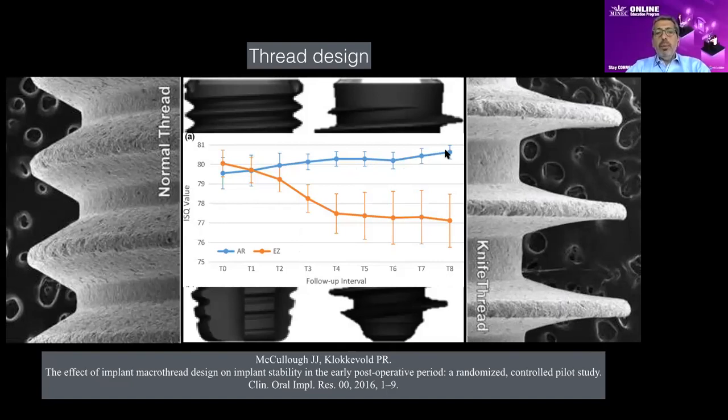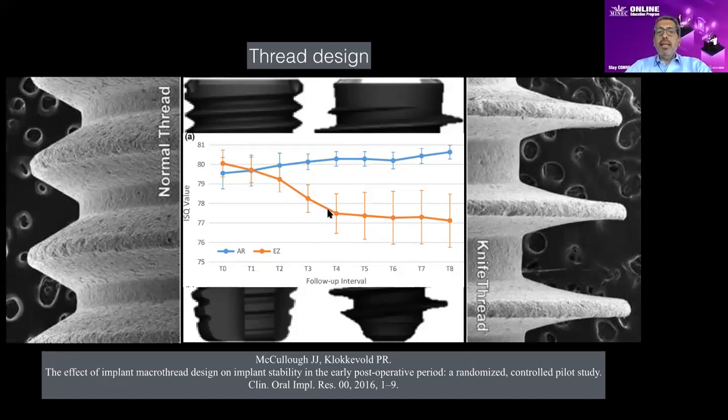While the implant with the normal V threads had a very high stability at day 0, but you see that this stability was lost over the weeks, and we had at the end a healing path that was different from the knife thread implants. So if you want to do 4-week loading, for instance, you see that you are much more in the safe zone when you are using an implant that is not losing stability versus an implant that is losing stability.